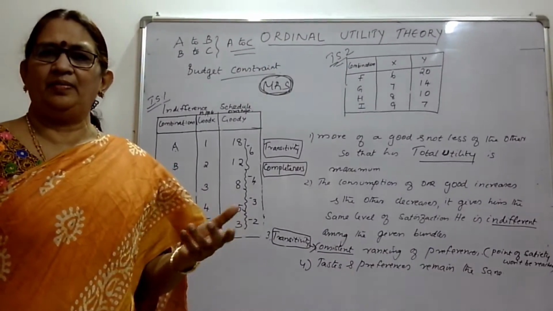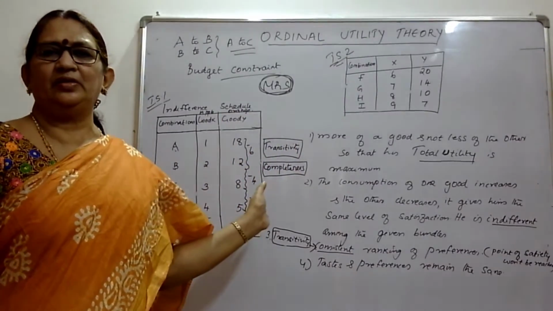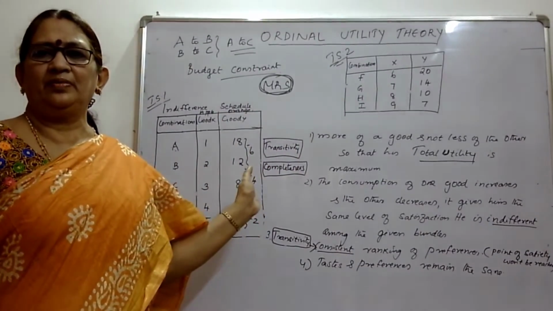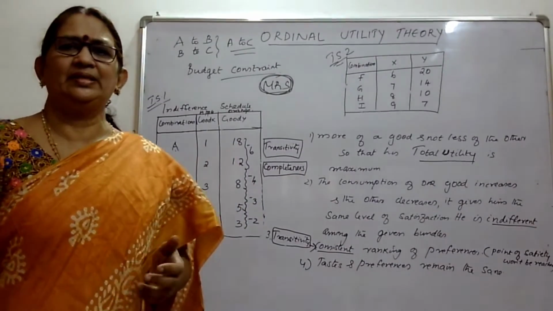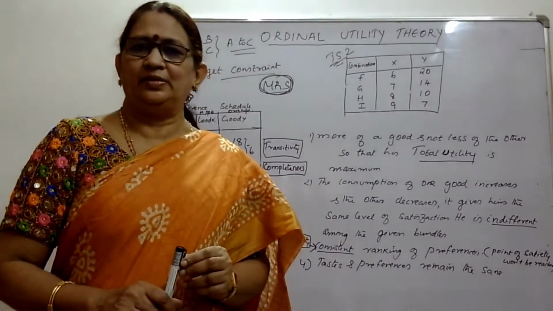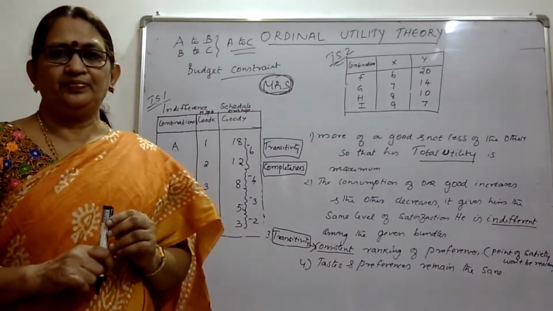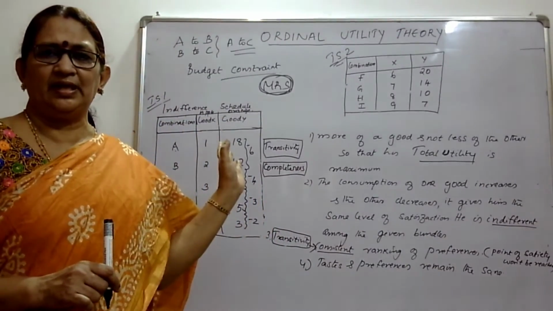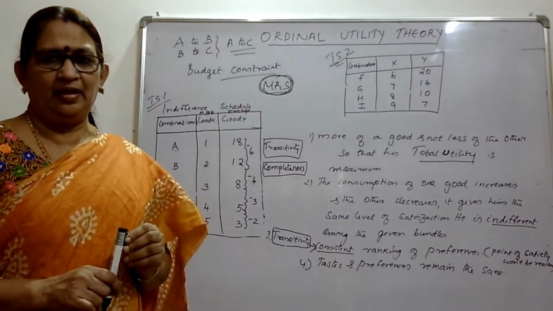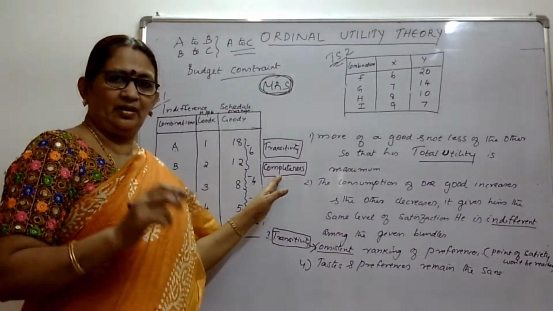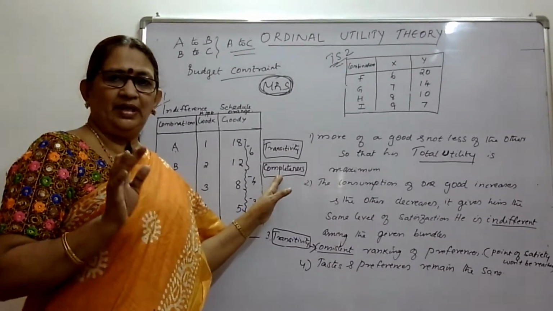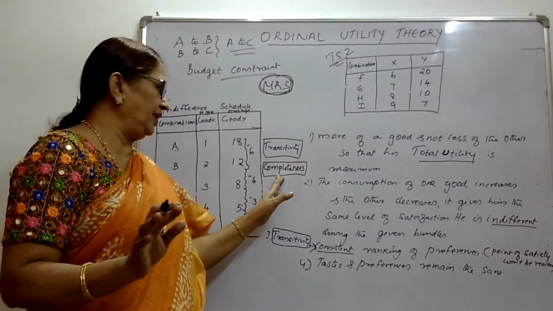He is indifferent because whatever bundles he uses, all give him the equal level of satisfaction. So he doesn't bother which bundle he uses. So he is indifferent, and his preferences are ranked only, not measured. So transitivity, completeness. Consumer is fully capable of ranking the preferences.